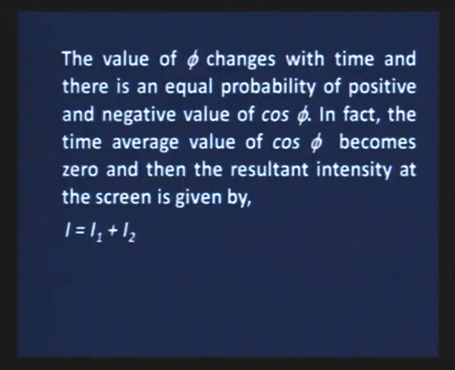That is why the phase difference changes constantly with time, and the value of phi changes with time, so there is an equal probability of positive and negative values of cos phi. In fact, the time average value of cos phi becomes 0, and then the resultant intensity at the screen is given as I equals I1 plus I2.